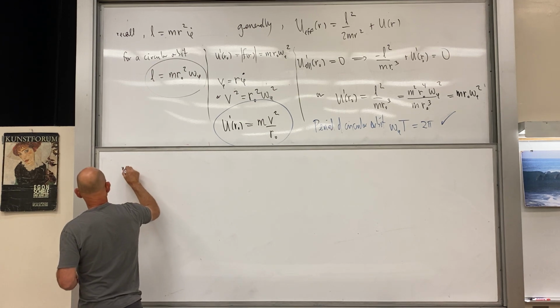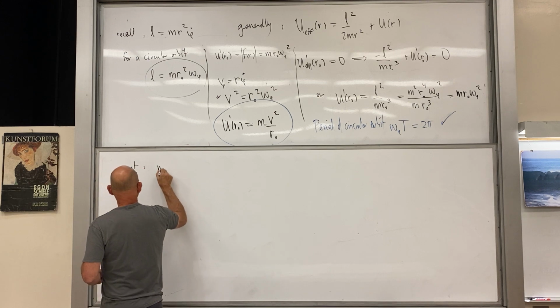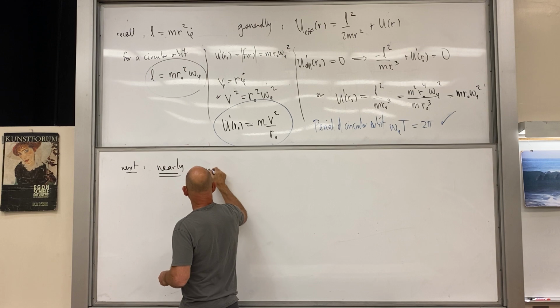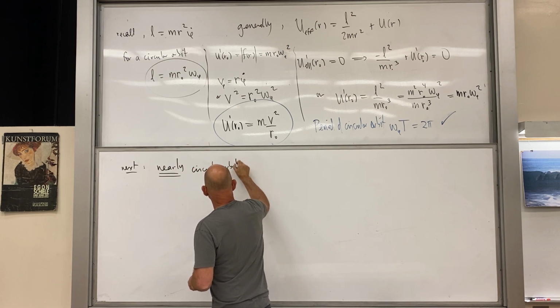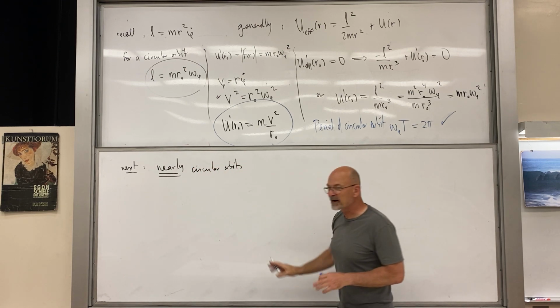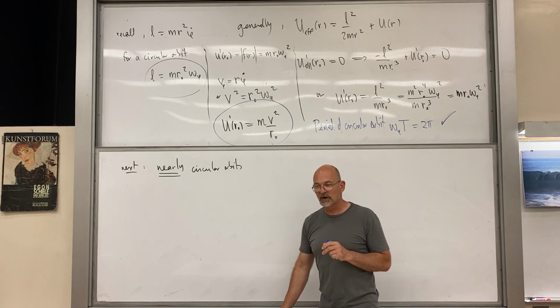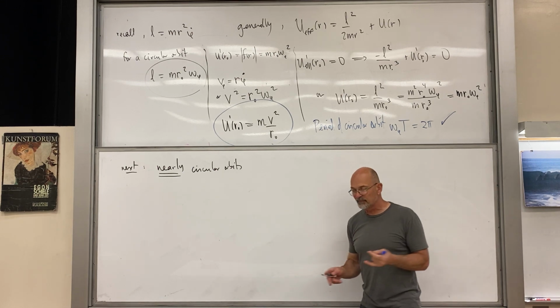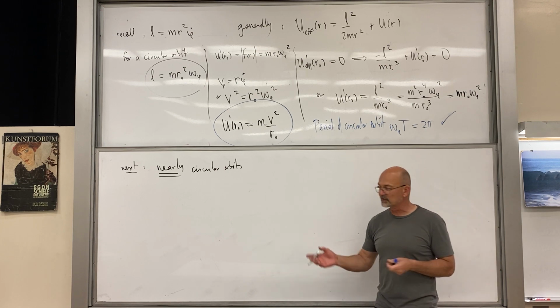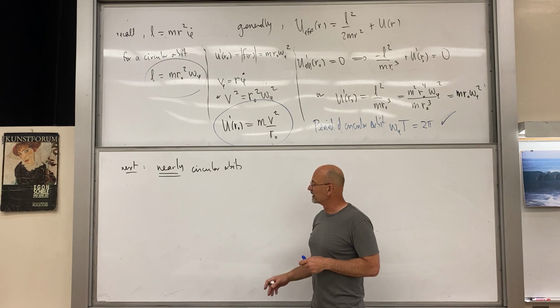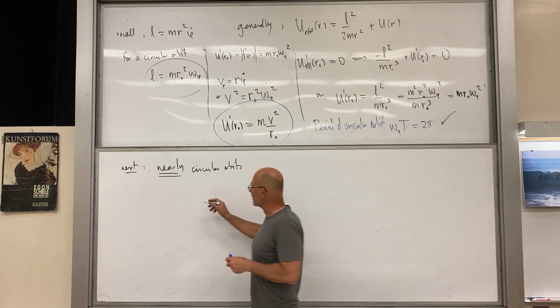So next, nearly circular orbits. Very common, we'll see for a couple of reasons. We already saw from our planetary data that they're pretty darn circular. And with artificial satellites, there's a whole world of interesting stuff going on.